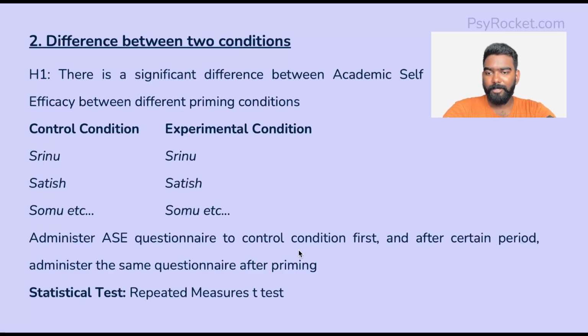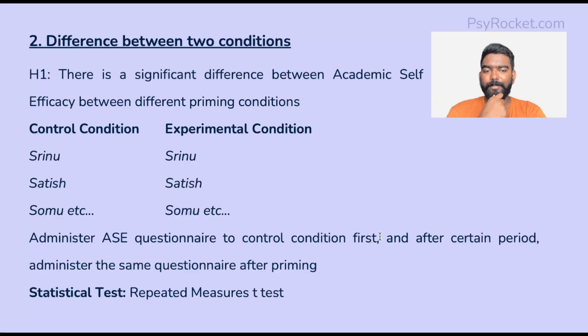Now the second possible test is, suppose there is a significant difference in academic self-efficacy between different priming conditions. Let us say you want to test whether reminding someone of their caste identity will increase or decrease academic self-efficacy. So what you will do is administer an academic self-efficacy questionnaire to the control condition, which means you will not remind them of their caste identity and you will not tell them that this particular study is related to caste.